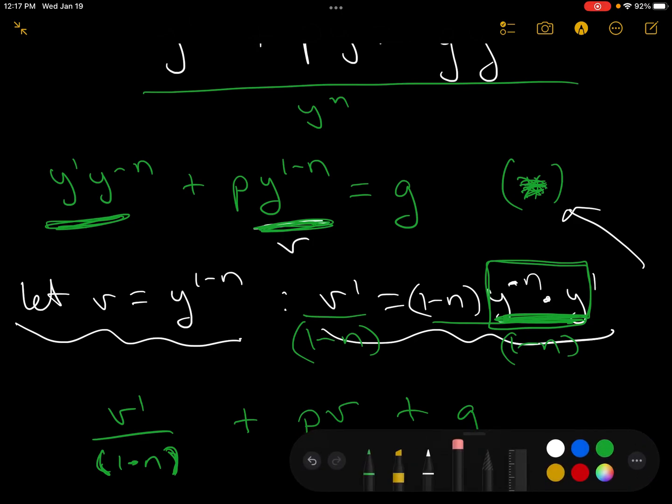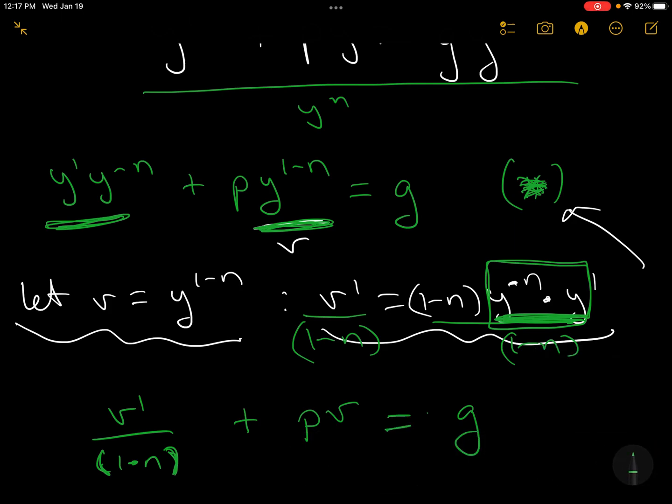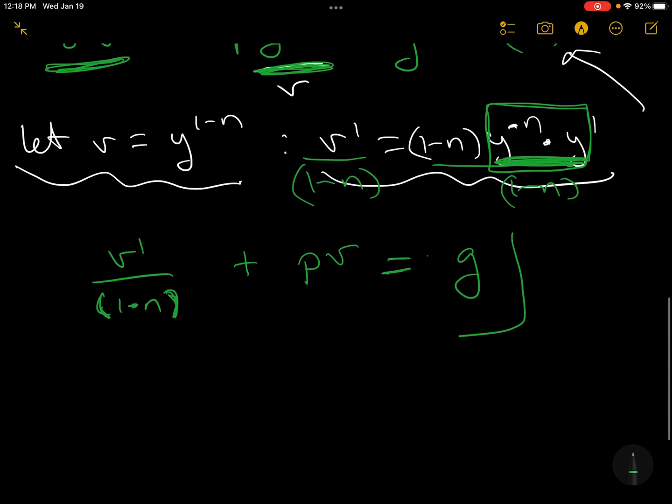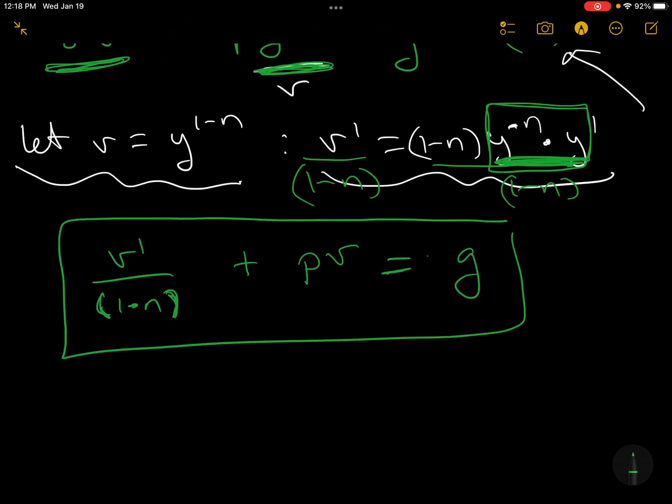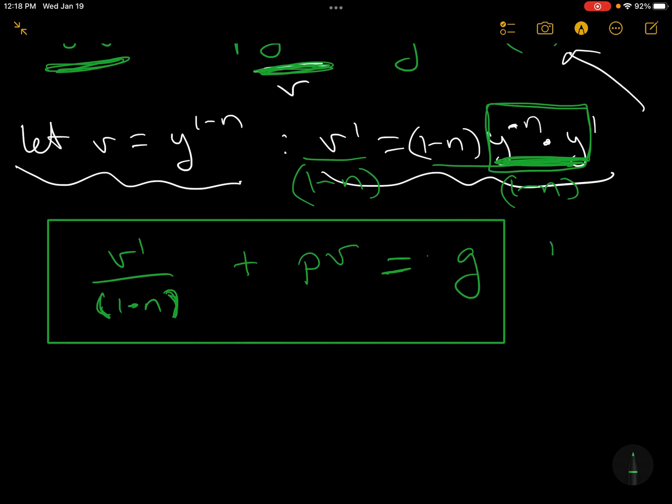And this should be an equals. So the change of variable gives us a new ODE, and this one is linear. So you solve it using integrating factor.